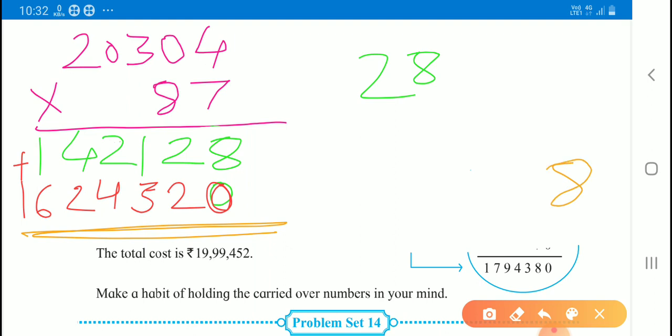I will write the answer this side. 2 plus 2, 4. 3 plus 1, 4. 4 plus 2, 6. 4 plus 2 again, 6. And 6 plus 1, 7. Okay. So your answer is 7,66,448. Do you understand this? If 0 will be there, then that carrier it will remain as it is.